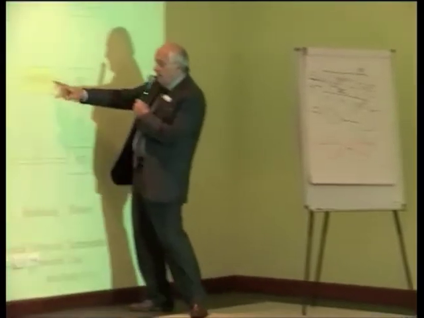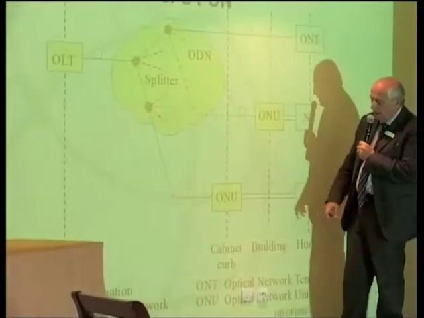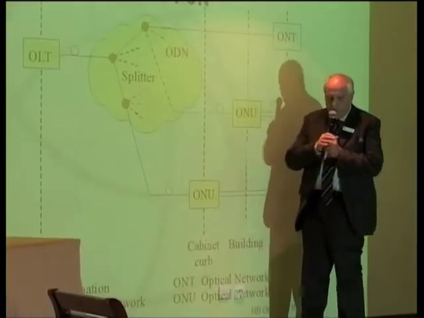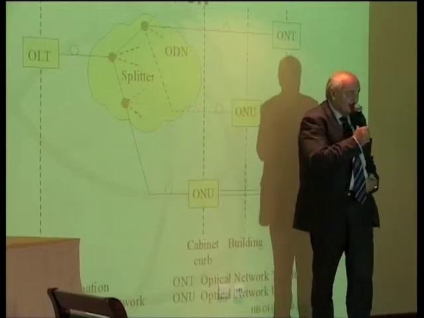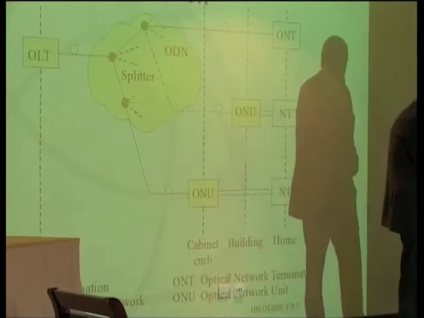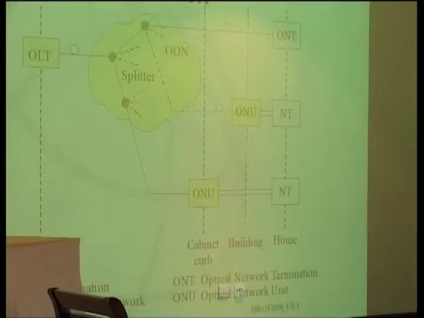The optical network unit can be placed anywhere between the central office and the customer. The two examples here are an optical network unit located in the building, or an optical network unit located in the street, either in the cabinet or in the curb.